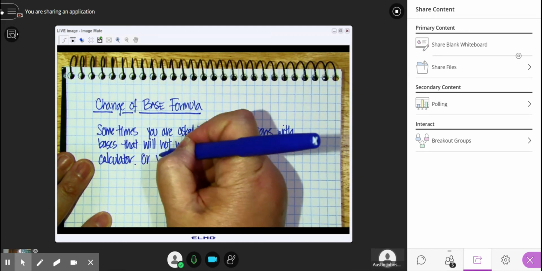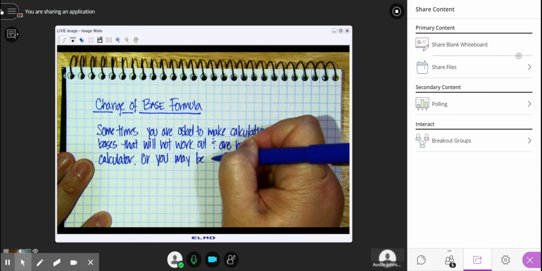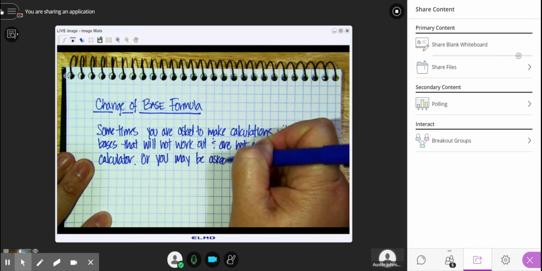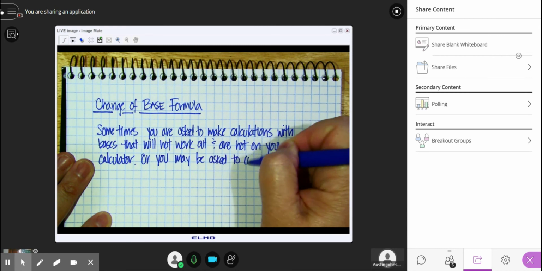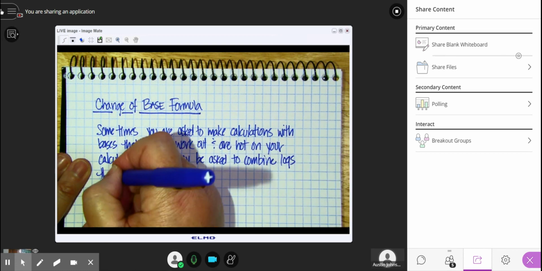Or you may be asked to combine or expand logs that are not the same base.